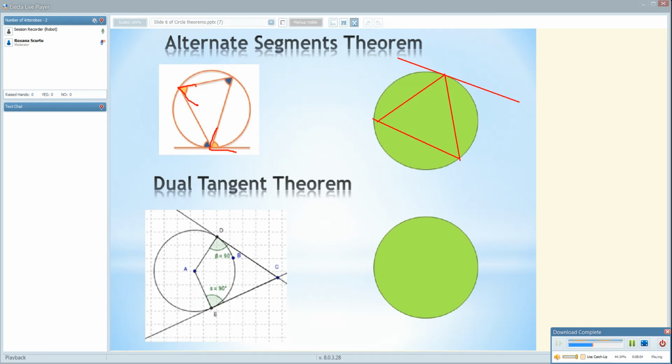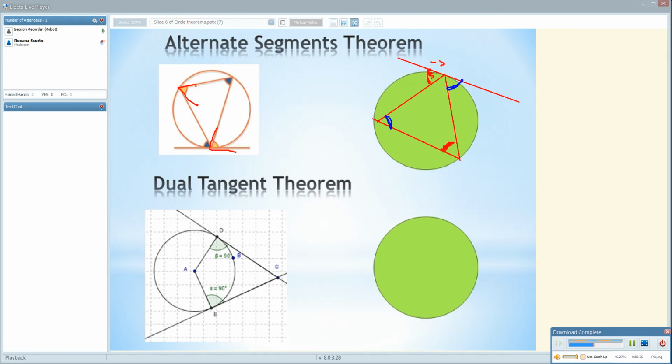So if the tangent is here, the angle going that way is going to be, yeah, that's going that way. And this same angle is going to be here, this one. And then this angle here is going to be the same as this angle here. Yeah, they're going to be equal.